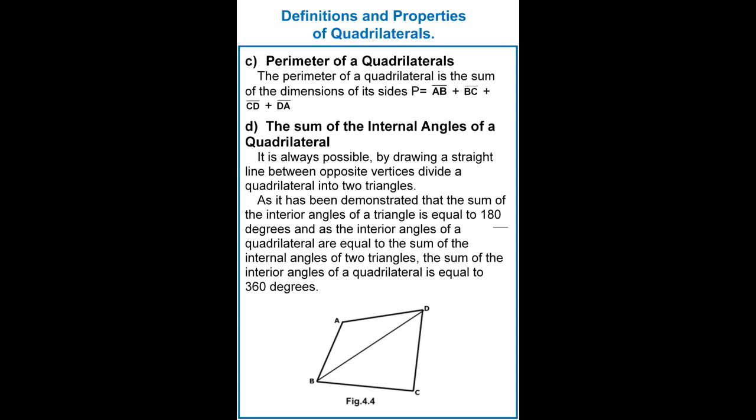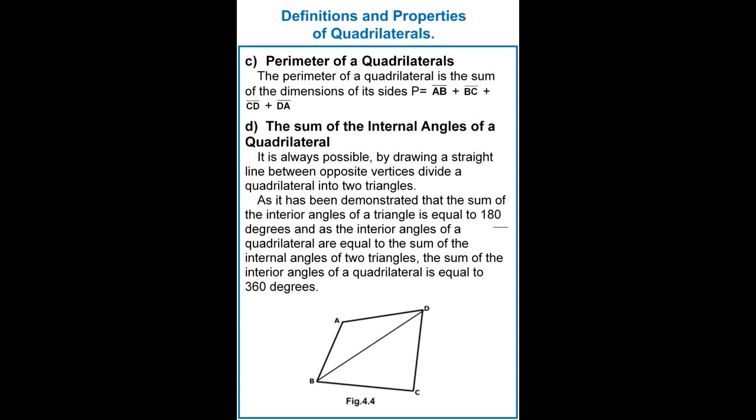The second part of this slide establishes the calculation of the sum of the interior angles of a quadrilateral. Thus, in Figure 4.4, the quadrilateral is divided into 2 triangles, the triangle ABD and the triangle BCG.